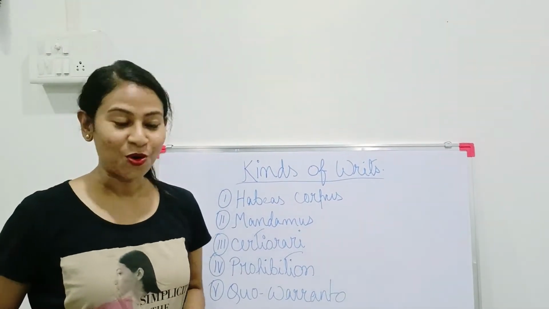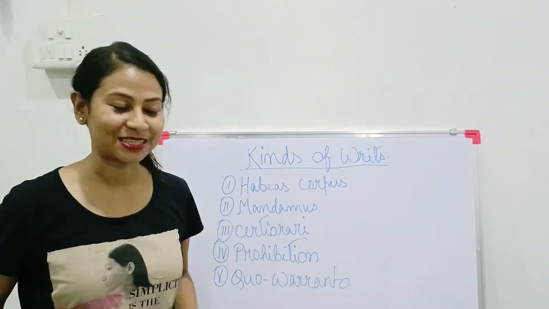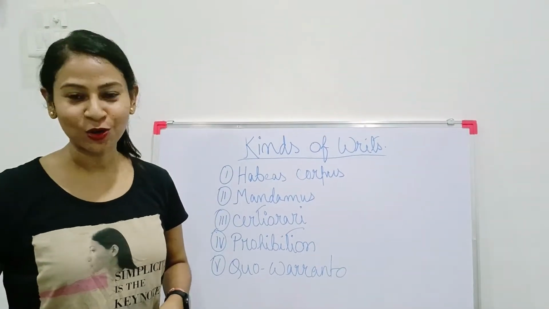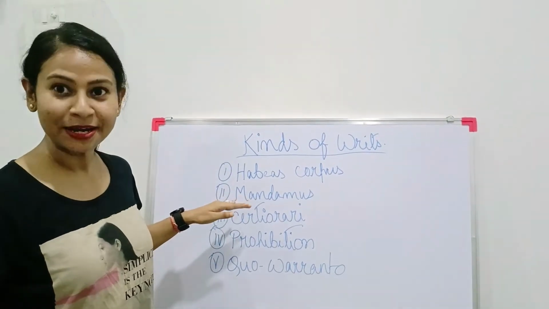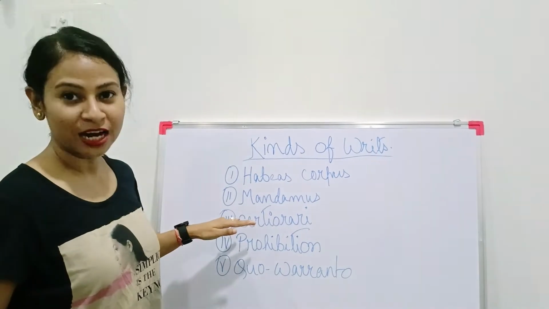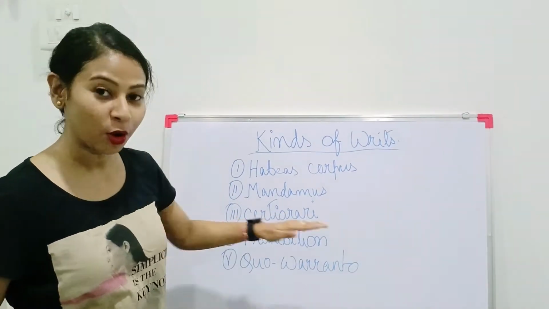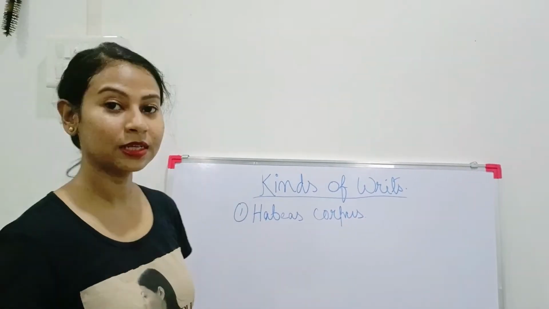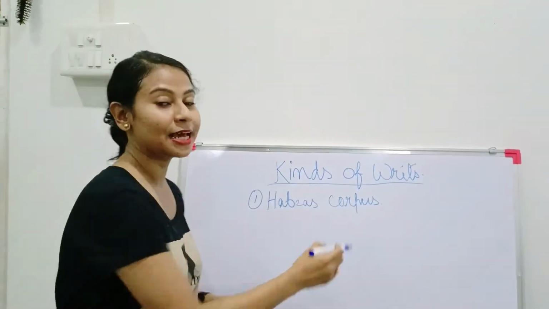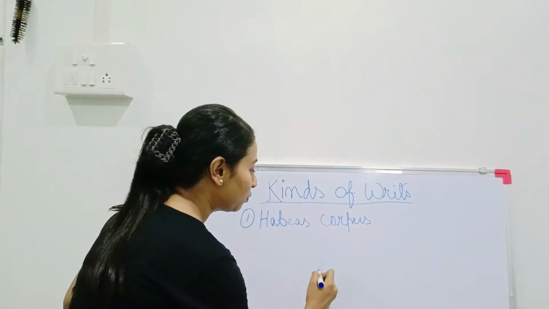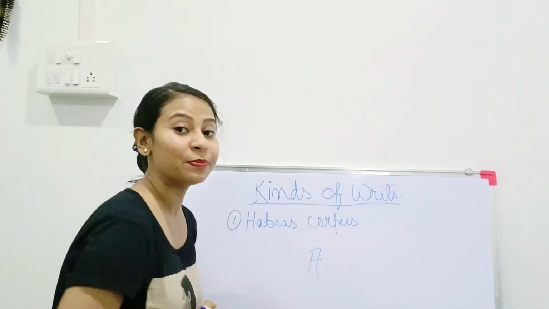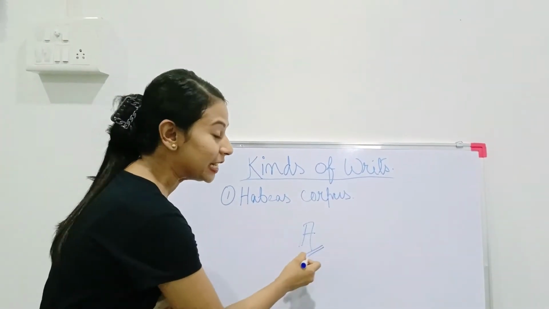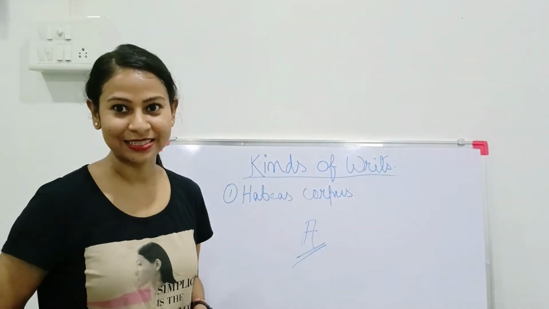So, let's know what are the kinds of writs. Number 1, habeas corpus. Number 2, mandamus. Number 3, certiorari. Number 4, prohibition, and number 5, quo warranto. Now let's know what is habeas corpus. Suppose A is a person. He has been illegally detained by the state.